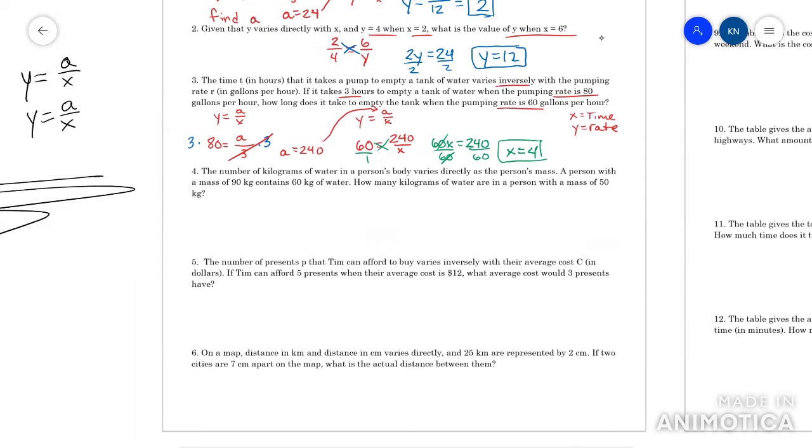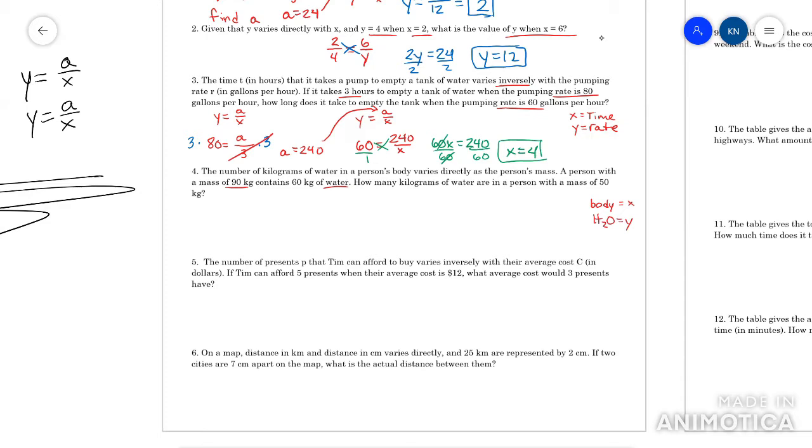Okay, now next one. They're giving me direct variation, so it's just x over y equals x over y. So again, it doesn't matter which one's which. Let's say body weight is x and water is y.